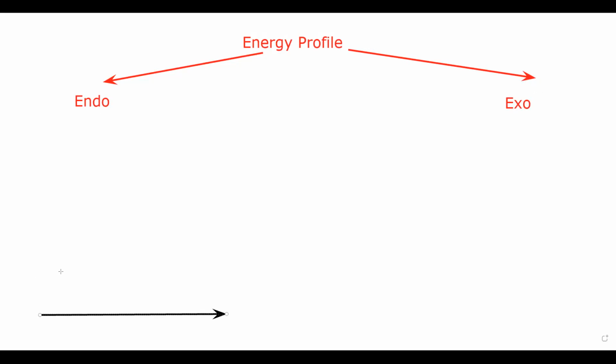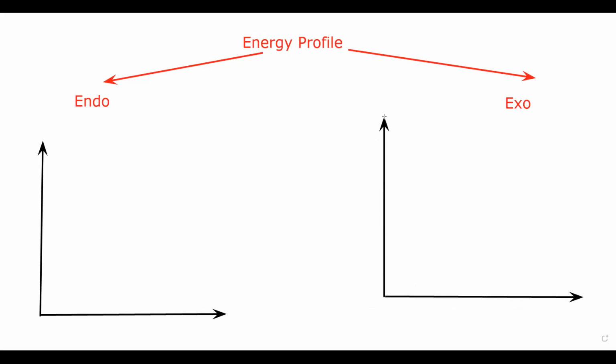So what happened in endothermic reactions in terms of energy, and what happened in exothermic reactions? When we compare the energy of the reactant and product, in endothermic reactions the reactants have low energy and the product has high energy. But in exothermic reactions, the reactants have high energy and the product has low energy.